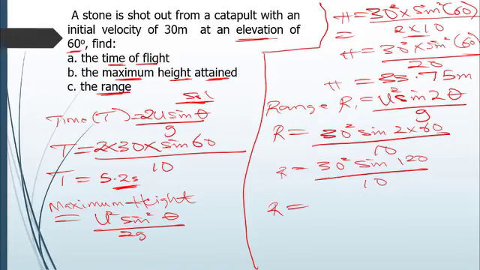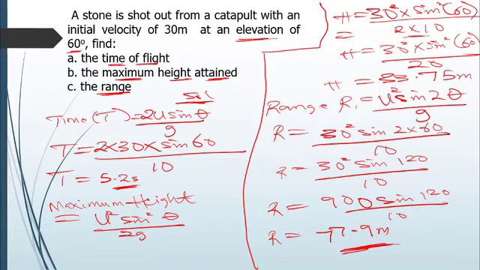If you run your calculations very well, 30 squared is 900, sine 120 all over 10. Our range is going to become 77.9 meters. And that is the solution to this question.